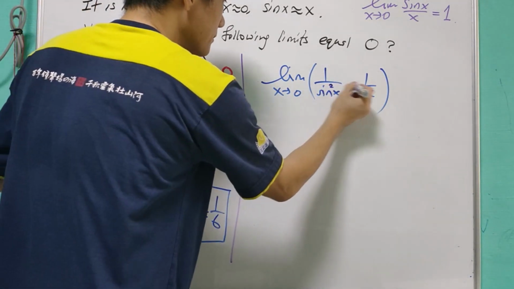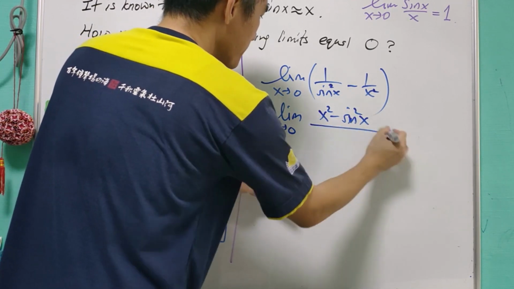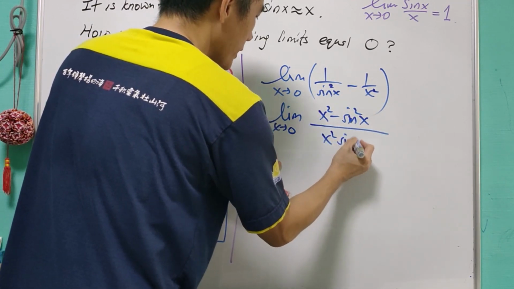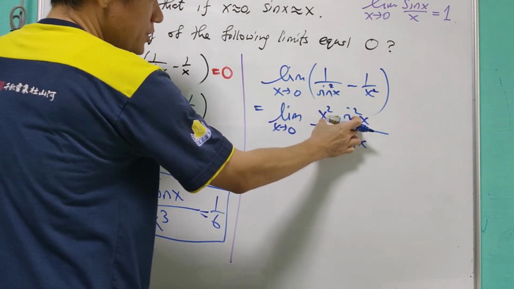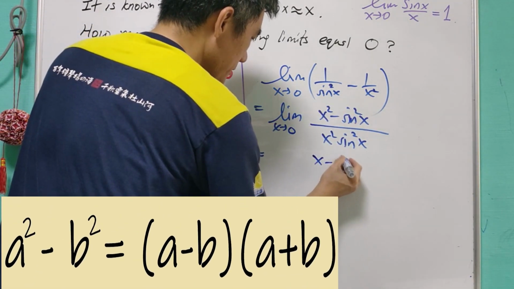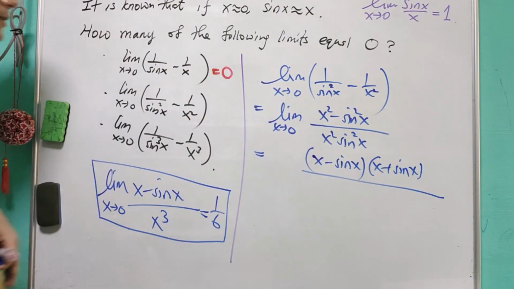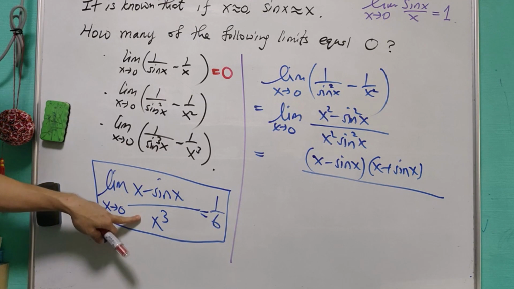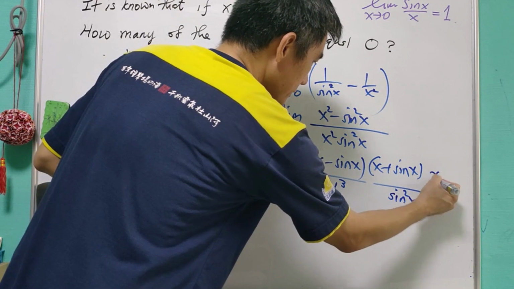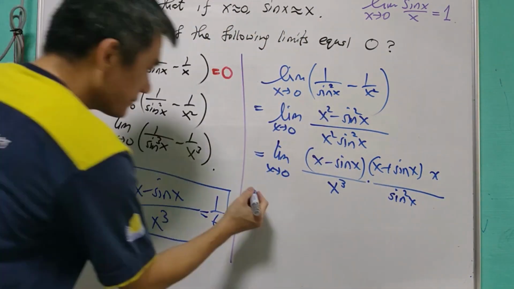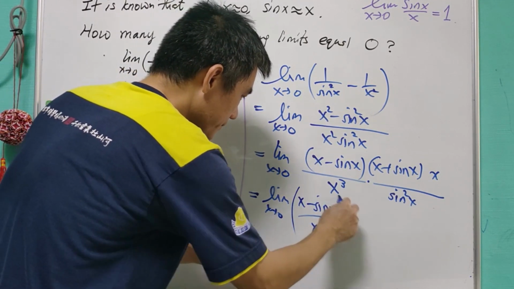We go to the second one. This will be 1 over sin squared x minus 1 over x squared, which is x squared minus sin squared x over x squared sin squared x. Notice that this is a squared minus b squared. It can be written as a minus b times a plus b. And we have to use this result. So this is x cubed, sin squared x and x here. This can be written as x minus sin x over x cubed.